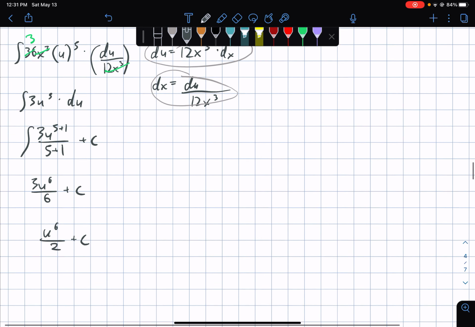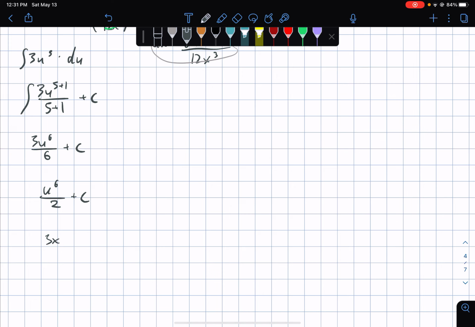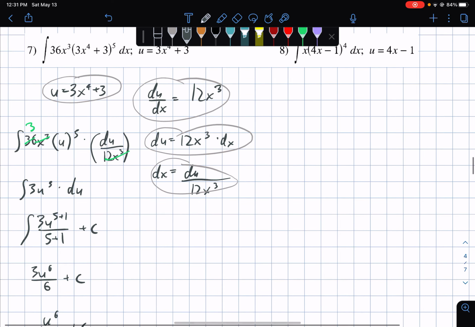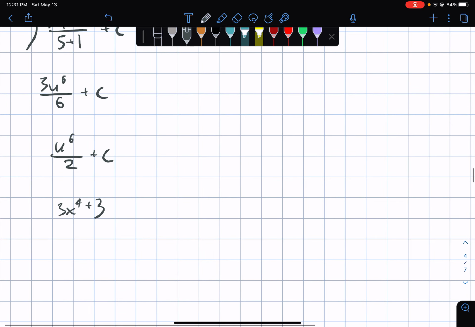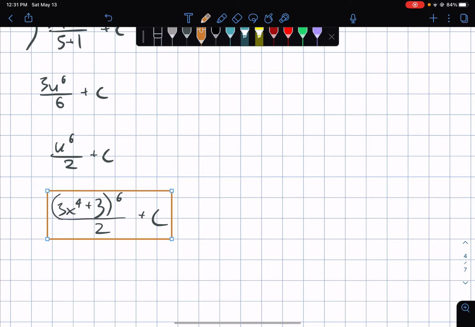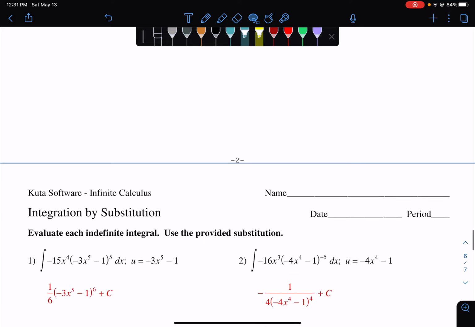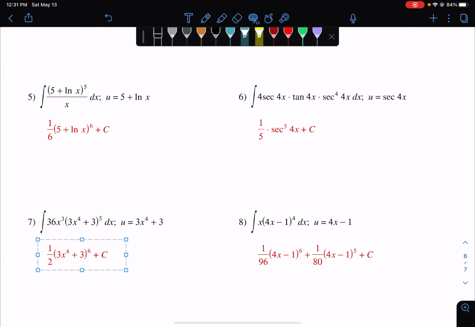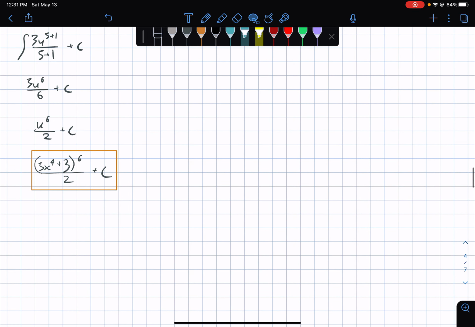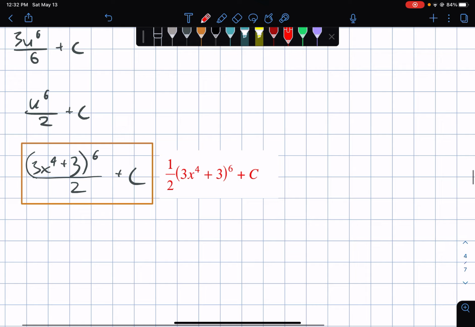U is 3x raised to 4 plus 3. Then raised to 6 over 2 plus c. This is the final answer. I bet this is the final answer. Let's see. There it is. Yeah, should be the same.